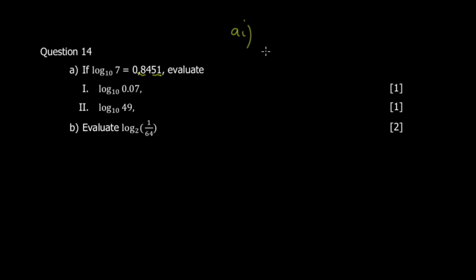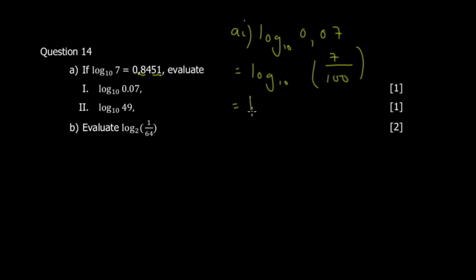For example, log base 10 of 0.07 would be equal to log base 10 of 7 over 100. Wherever you see a decimal in this type of question, just change it to a fraction. It's usually revealing that way.